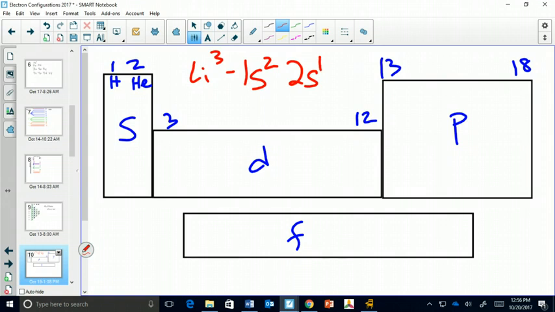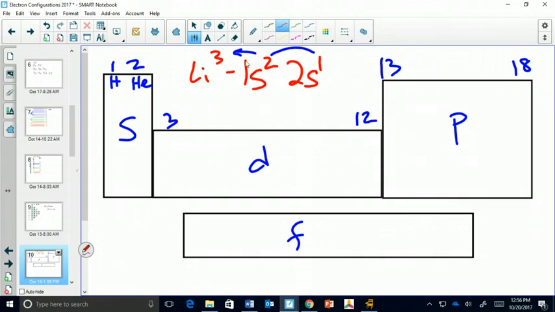So the electron configuration for lithium is 1s2, 2s1. These numbers on top should always add up to that number. That's a way you can check to make sure, because every electron has to be assigned an energy level. Okay, let's try another one.